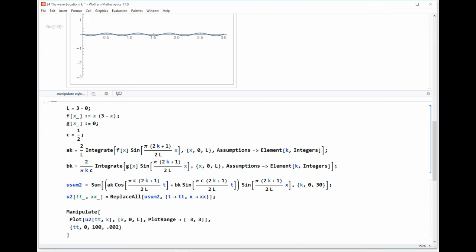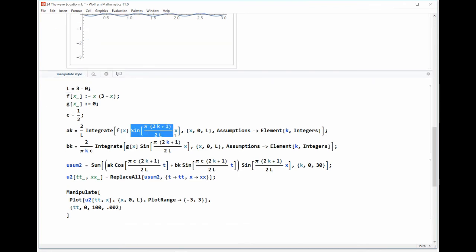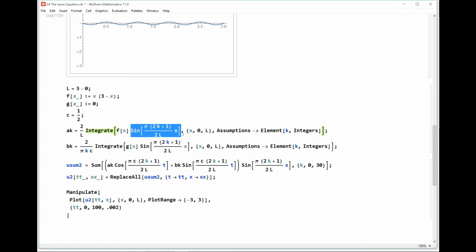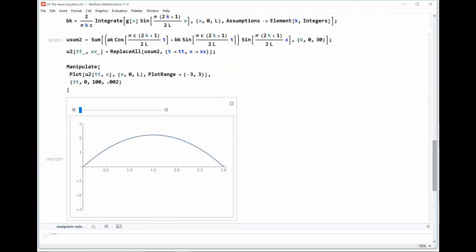So the second setup is very similar. We're computing quarter period series now. Instead of just sine series, we add them up, we define the function u, and then we plot them. You can see the telltale sign that the other end is fixed. We have a 0 derivative over there.